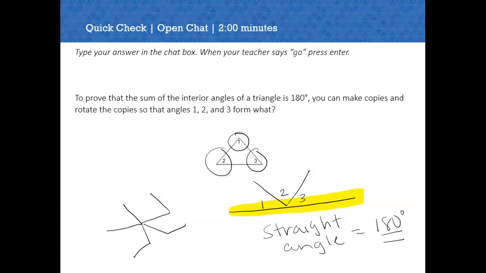So that helps us prove that the sum of the interior angles, 1 plus 2 plus 3, forms a straight angle, which is 180 degrees. So a lot of geometry is also proving our theorems, and this is just introducing some of those ideas.